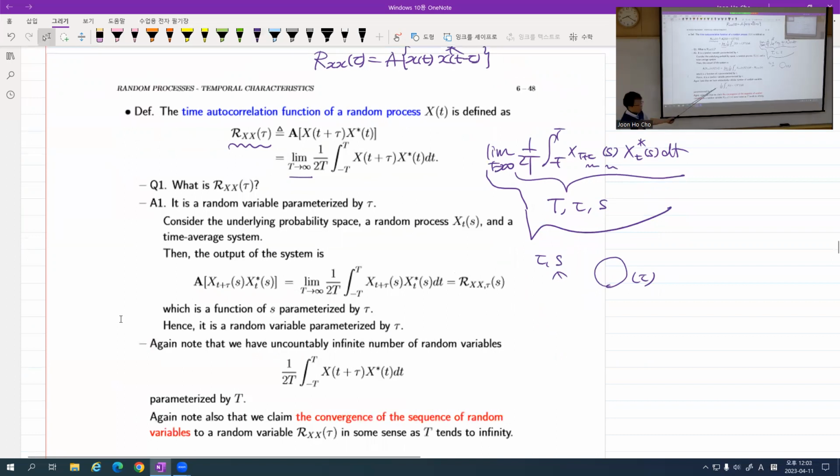So here, as I told you, when you take the limit, we have a sequence of random variables, even if we choose this capital T after discretization. Right? So we have to have some knowledge about the sequence of random variables whenever we talk about the time autocorrelation function over a random process.